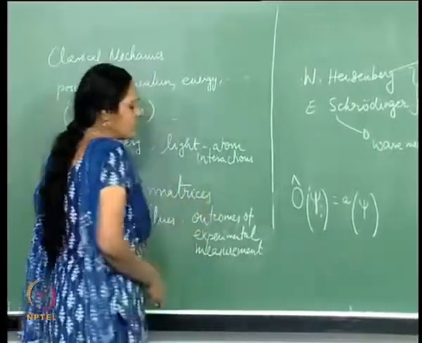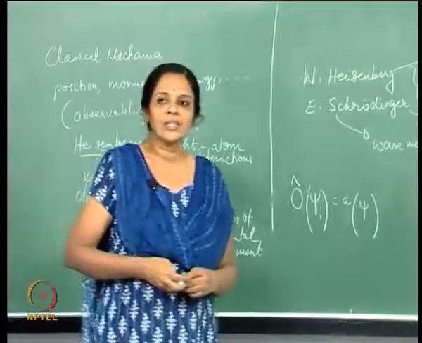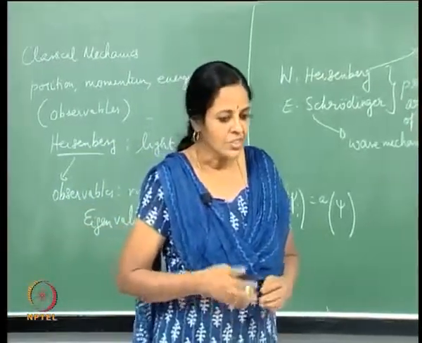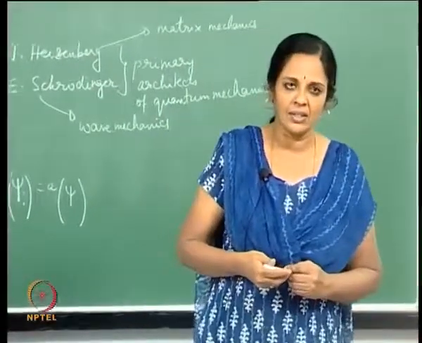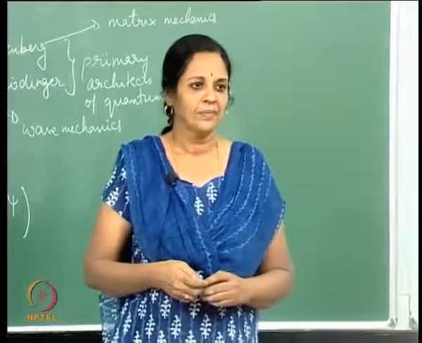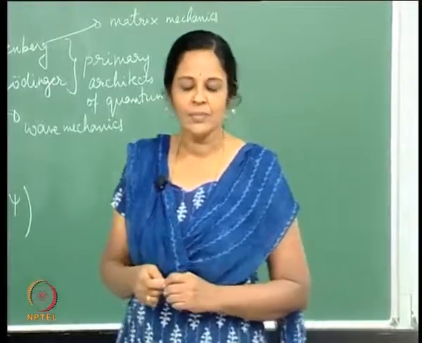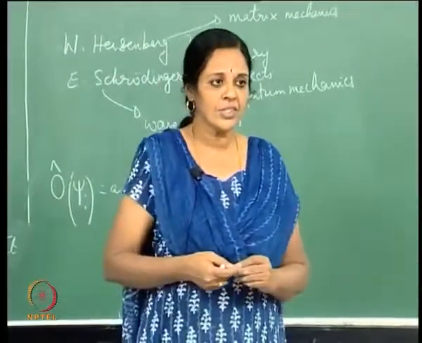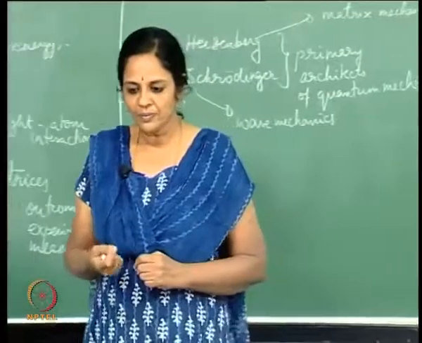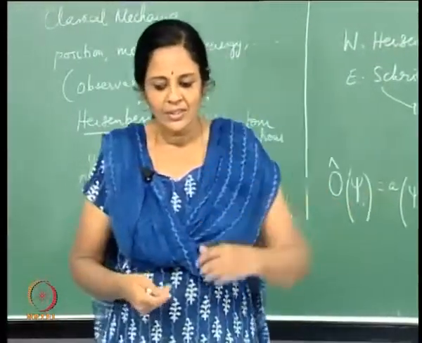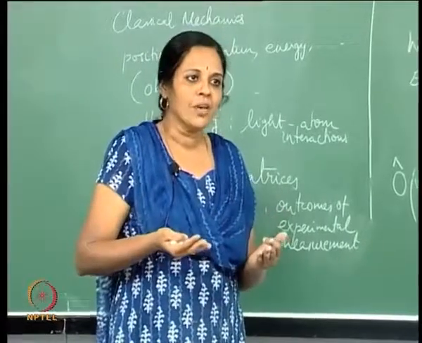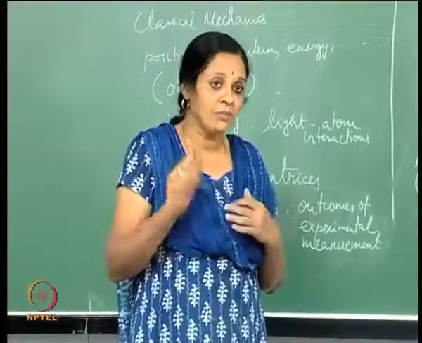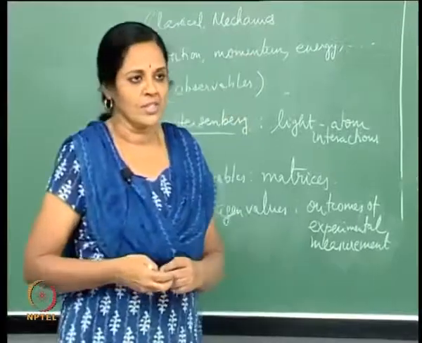There is a crucial difference between classical mechanics and quantum mechanics. It is a very interesting difference and is being studied even now in great detail in measurement theory. In a classical system, if I make a measurement of the energy and I get a certain value, I can insist that before I made the measurement, the energy of the system was the same value that I got on measurement.